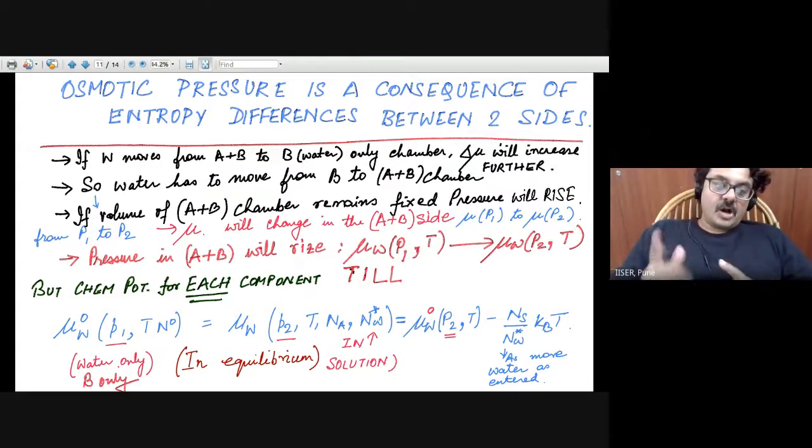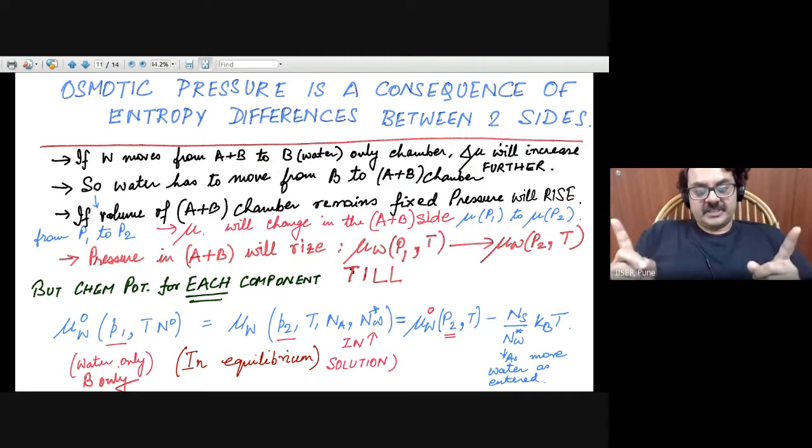And this will go on continuing till the chemical potential of the pure water in the B only case on the right side at pressure P1 becomes equal to the chemical potential at pressure P2. This had N0 molecules of B only.